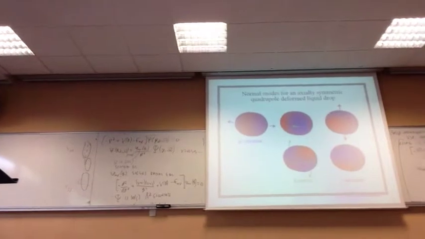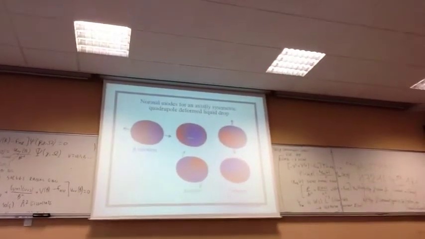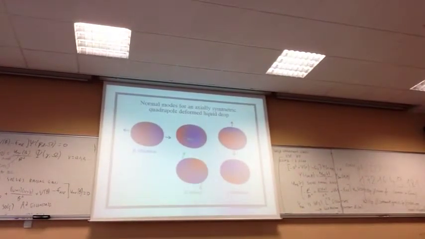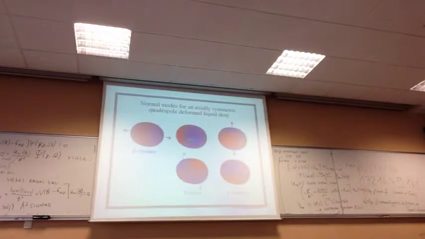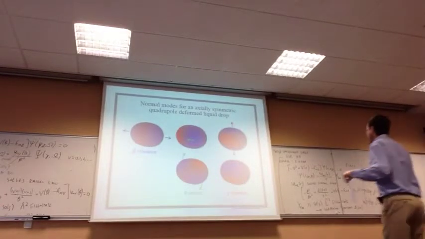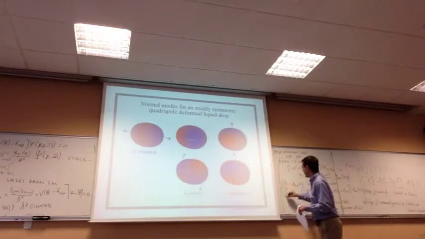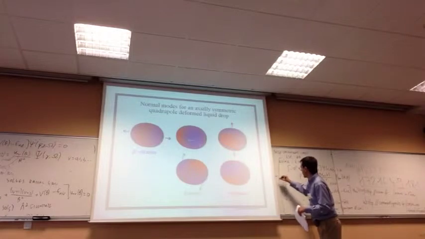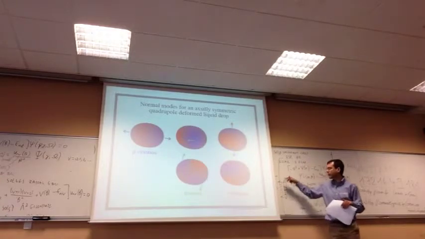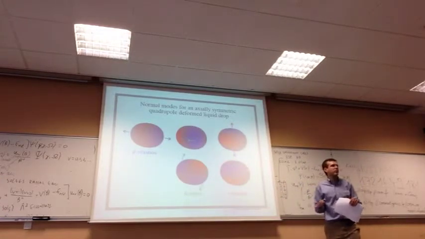The way things are normally treated instead, though, the basic issue is, in 3 dimensions, an SO3 representation is pretty straightforward. If you have the representation L, you'll have M equals minus L up to plus L, and so you can label all the states with just one projection quantum number.